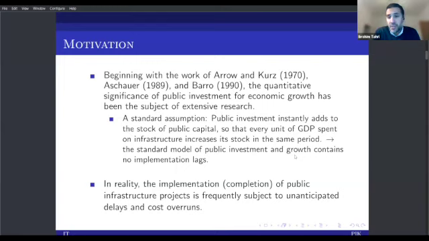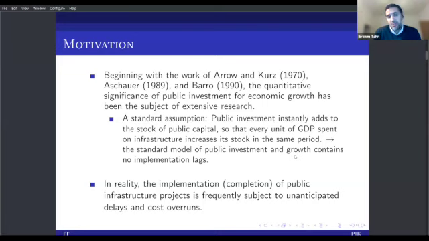A standard assumption in this literature is that public investment instantly adds to the stock of public capital, so that every unit of GDP spent on infrastructure increases its stock in the same period. That's basically the assumption in the standard models.